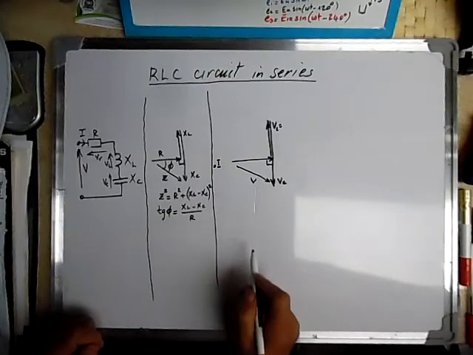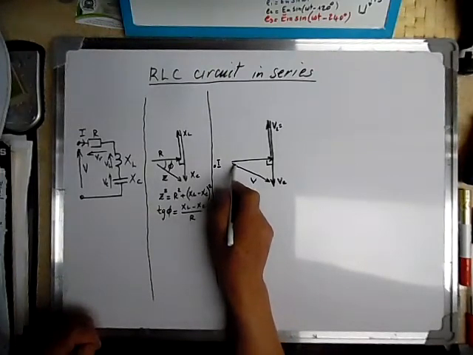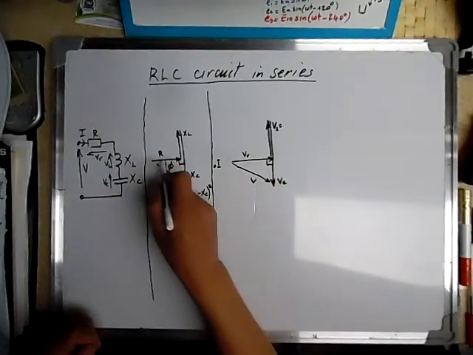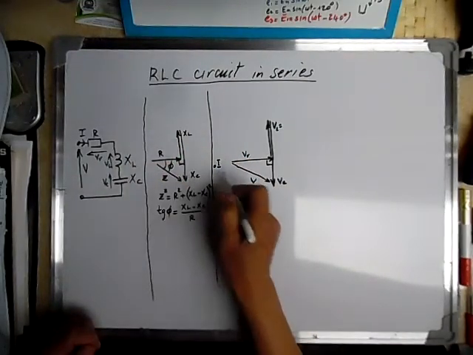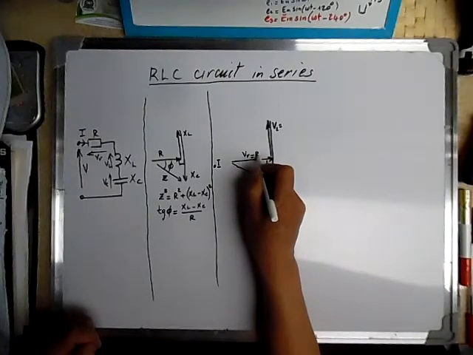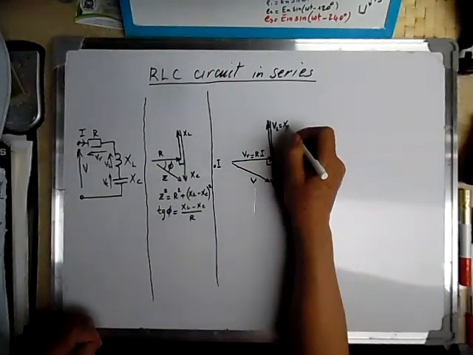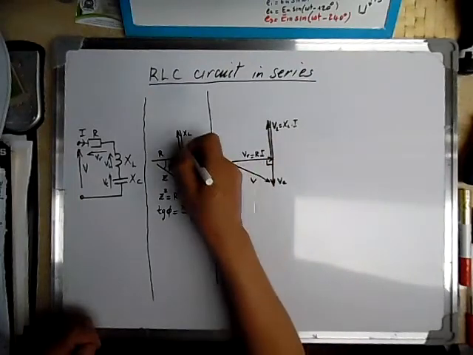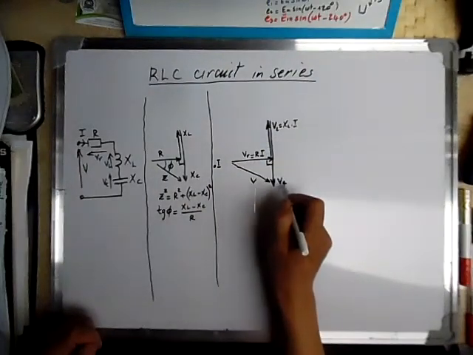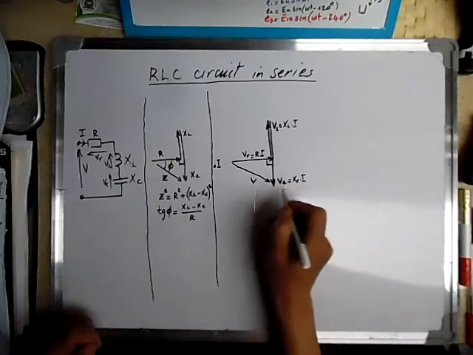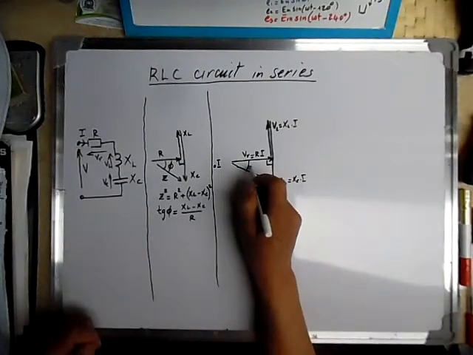This is a rectangular triangle. This is VR, and because it's this diagram multiplied by I, we can write the result: RI, which is VR, XL times I, and XC times I is the drop in the capacitor.